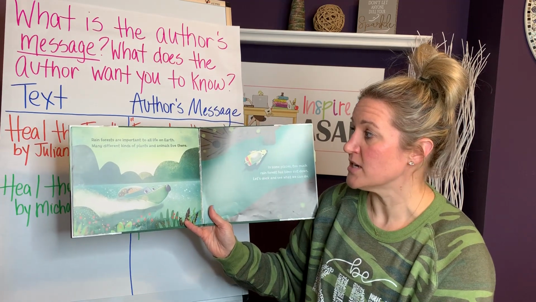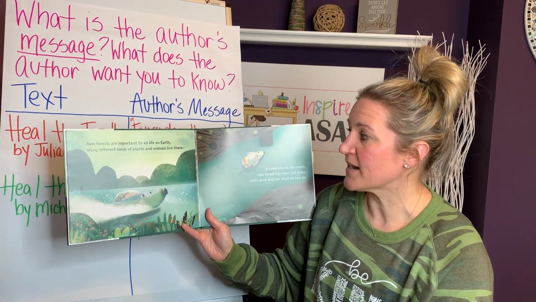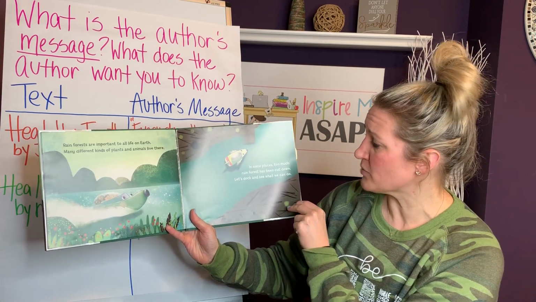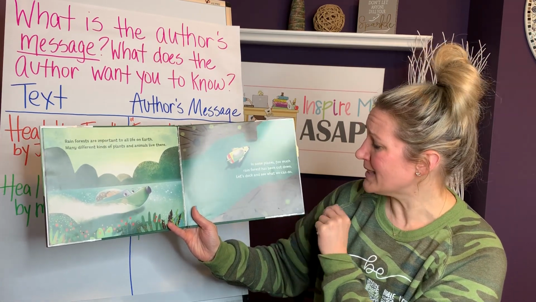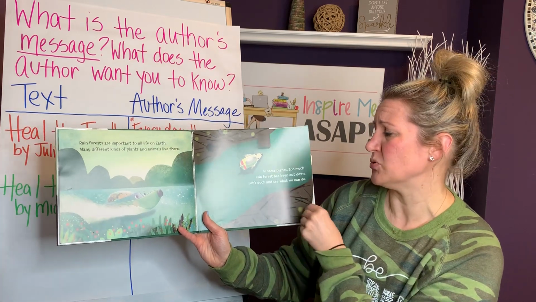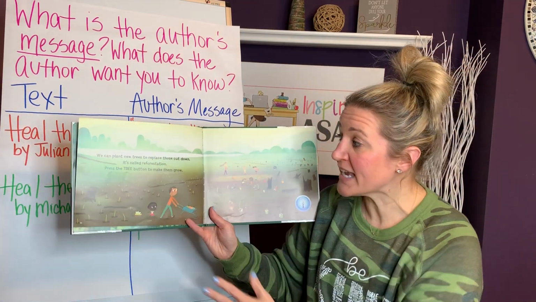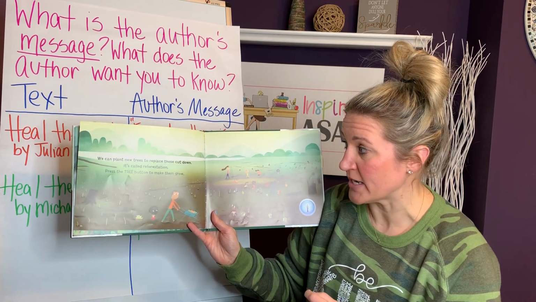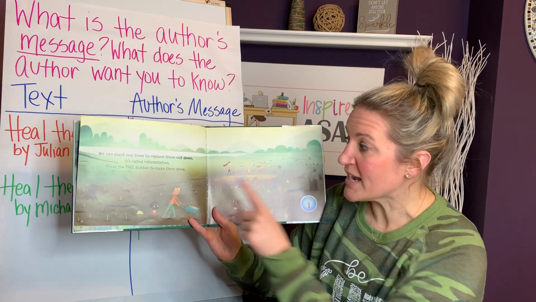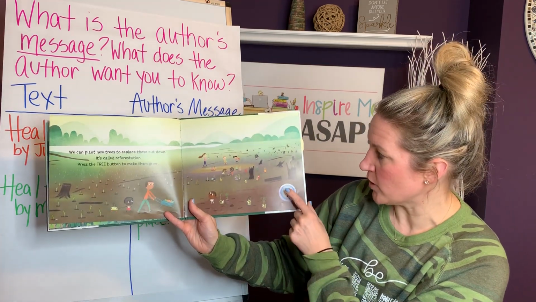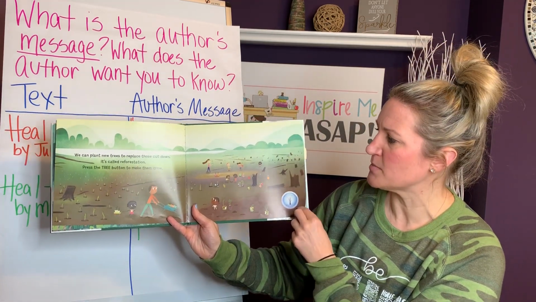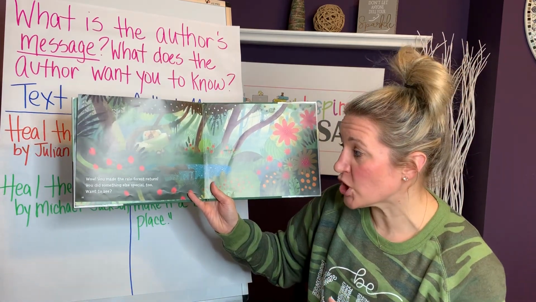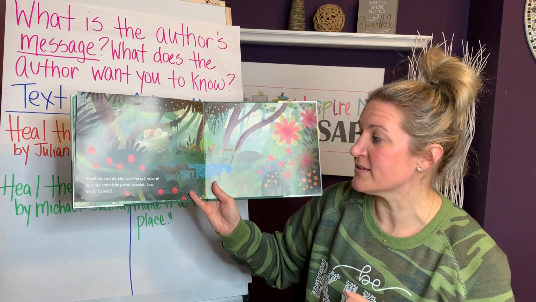Rainforests are important to all life on Earth. Many different kinds of plants and animals live there. In some places, too much rainforest has been cut down. Let's dock and see what we can do. We can plant trees to replace those cut down. It's called reforestation. That's an important word. Press the tree button to make them grow. Ooh, I want to press that button right here to make them grow. Wow, you made the rainforest return. You did something else special too.